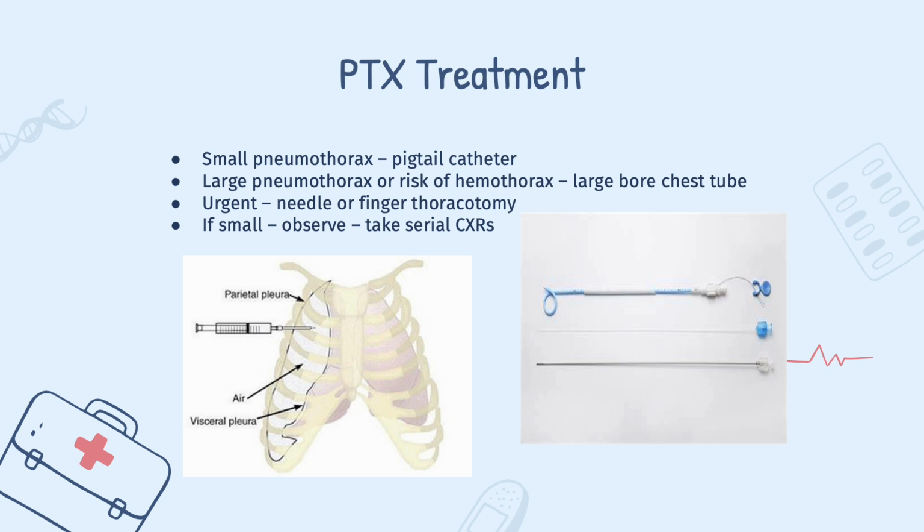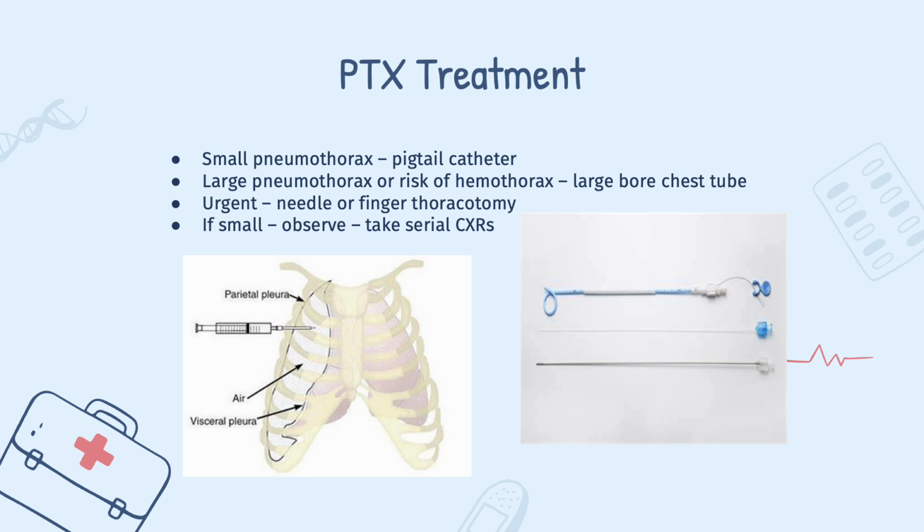So treatment, after we've done the needle decompression if you have a tension pneumo. My patients, I would just go right to the pigtail. So a small pneumo, they're getting a pigtail catheter.